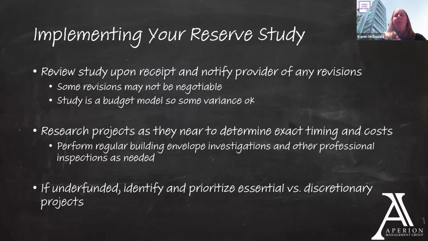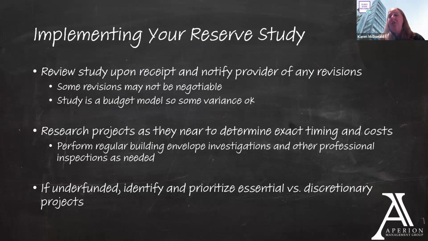As the projects near, when you look at the remaining useful life of the items in the study, for items that have a remaining useful life of anywhere from 0 to the next 5 years, start researching those as they get close, because you'll need that to both determine the exact timing and the cost. You want to make sure that there's not going to be any surprises, that the reserve study isn't estimating those costs too low.